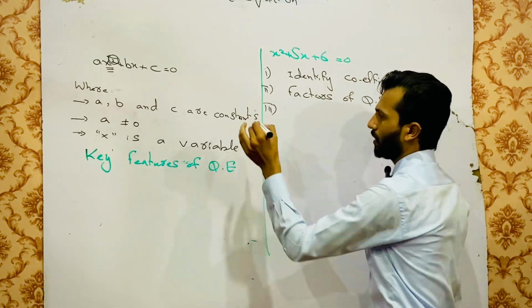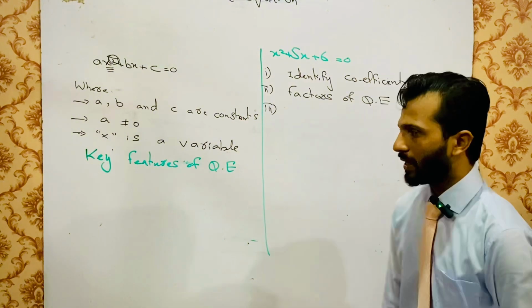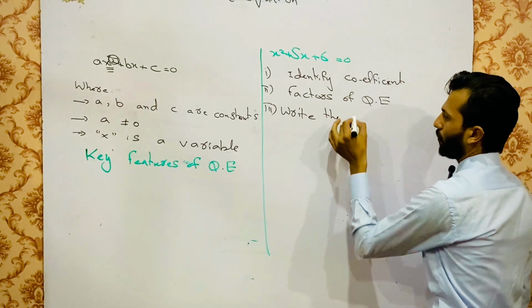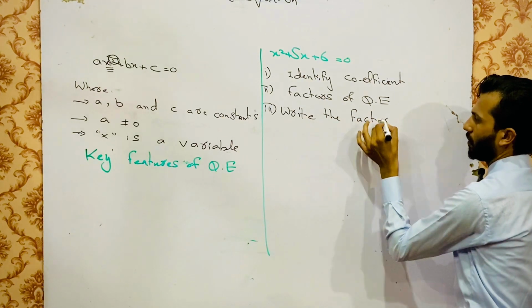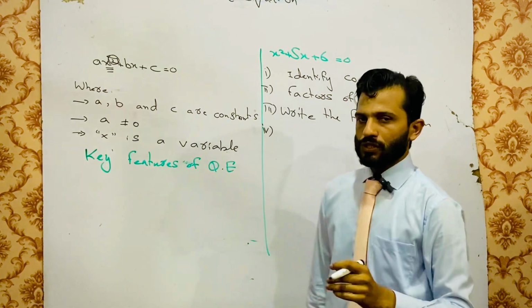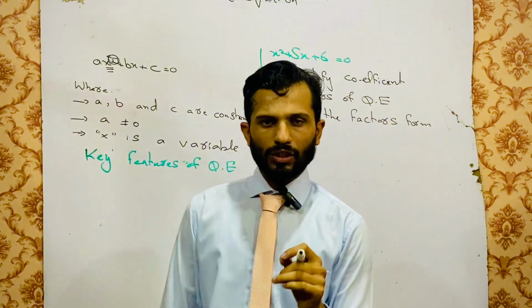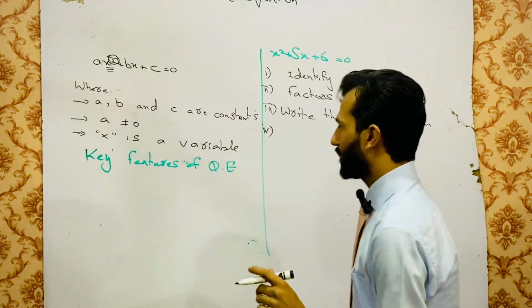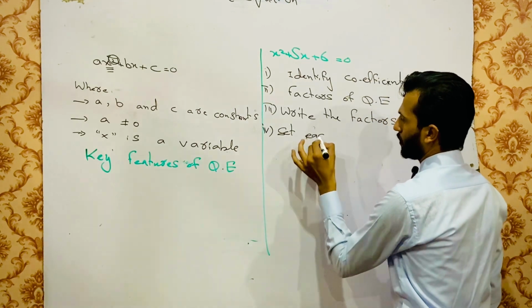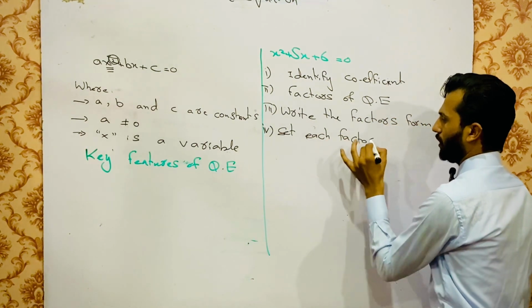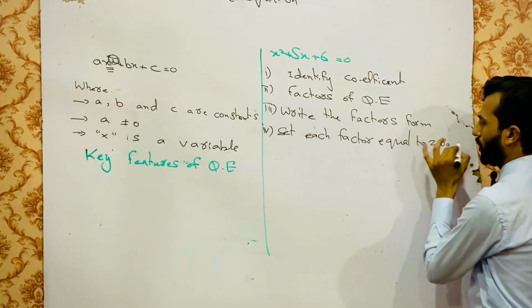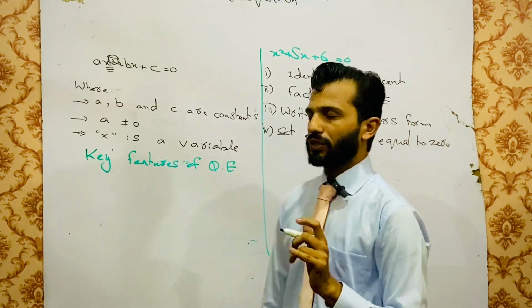Number 3, write the factors form. Number 4, set each factor equal to 0. And last one, write the solution.